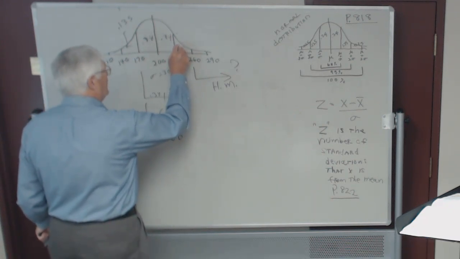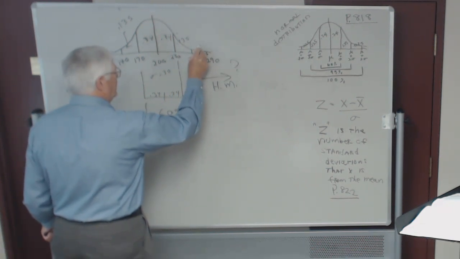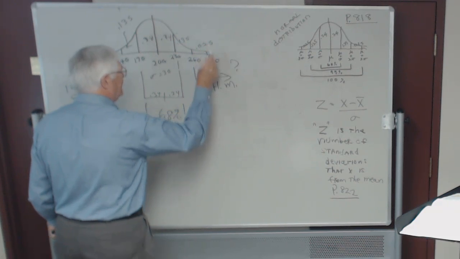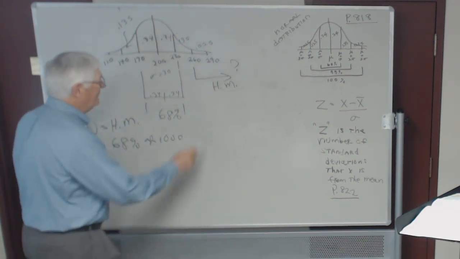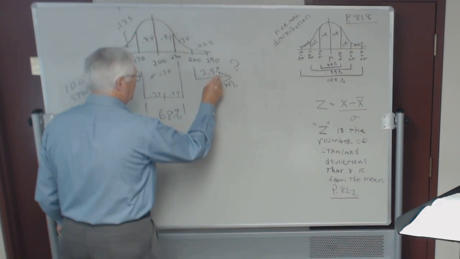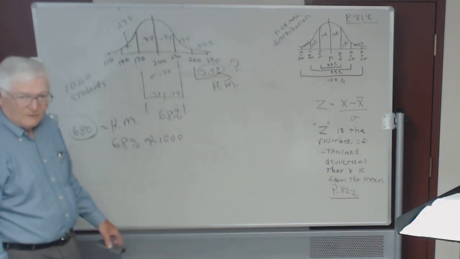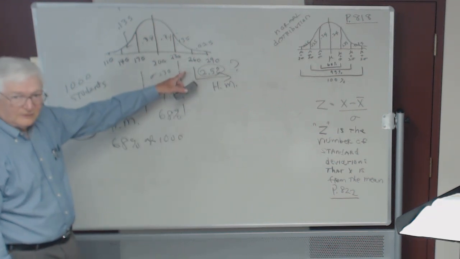This is 0.135. And this is what? 0.025. So that would be 2.5%. You see that? See where I'm getting my numbers?